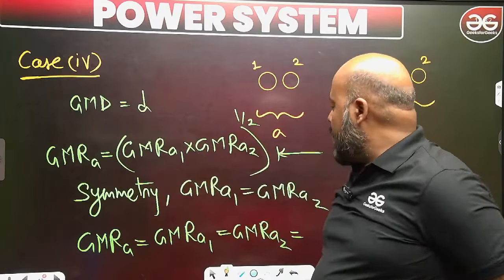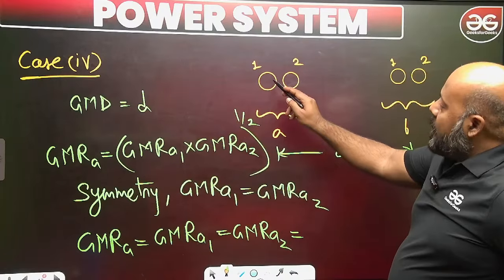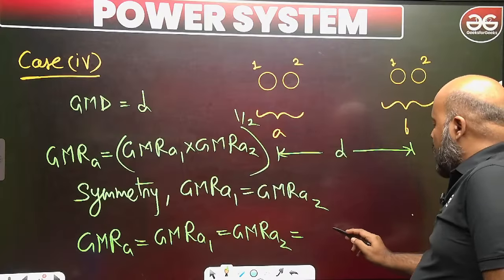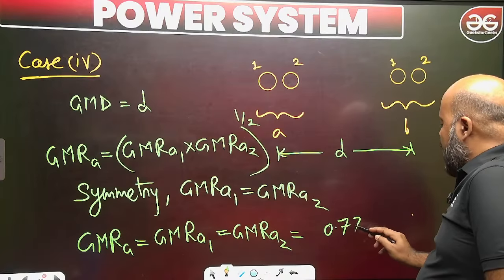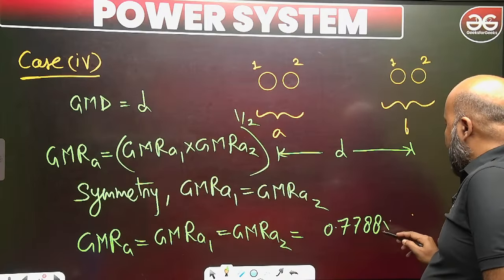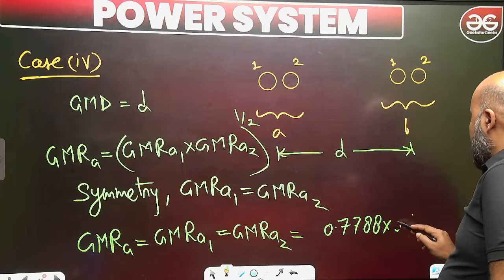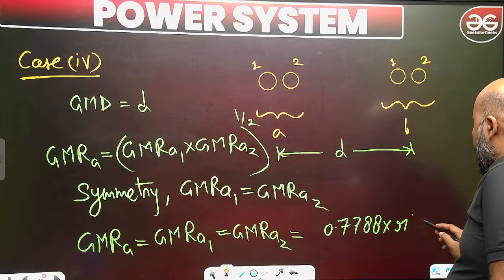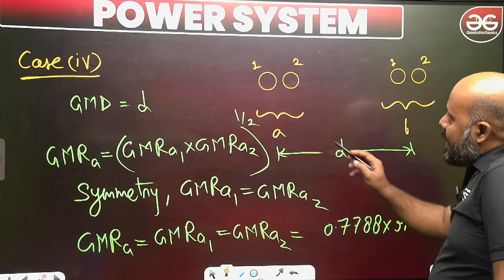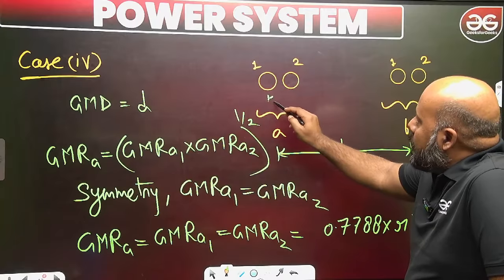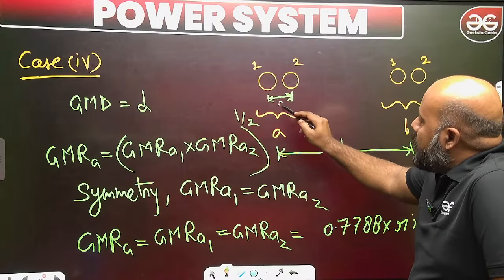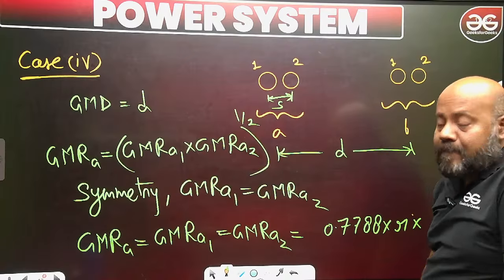So how are you going to write it? Suppose I am writing for A1. It is going to be 0.7788 multiplied by its radius. Suppose its radius is R. Multiplied by the distance between 1 and 2, which we are saying is small s.